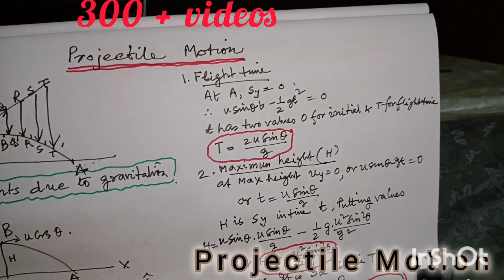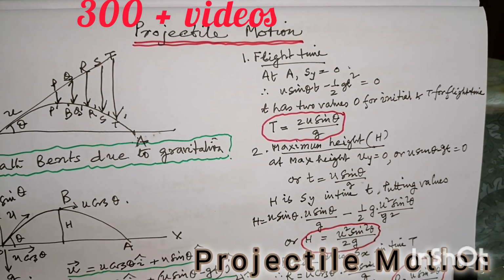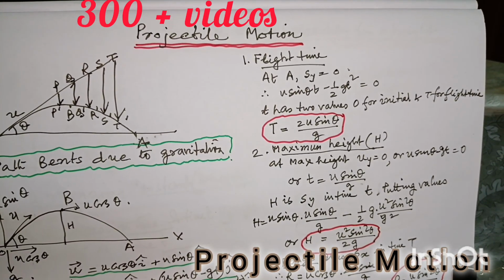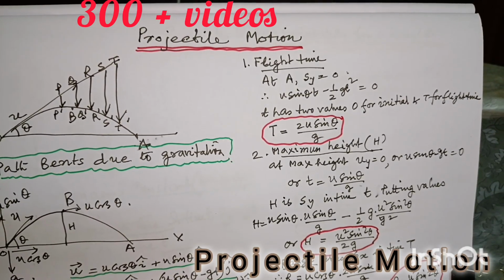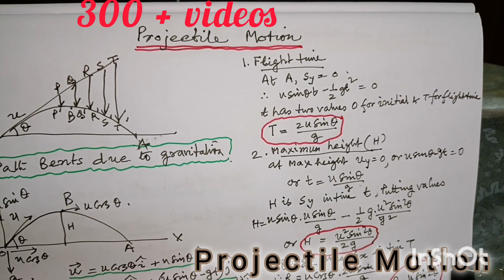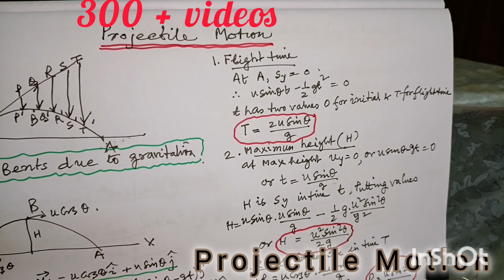Now, by putting this value of t, we find Sy, because capital H is actually the displacement in y direction when it is at maximum height. That means it is Sy at the time t as deduced just now.